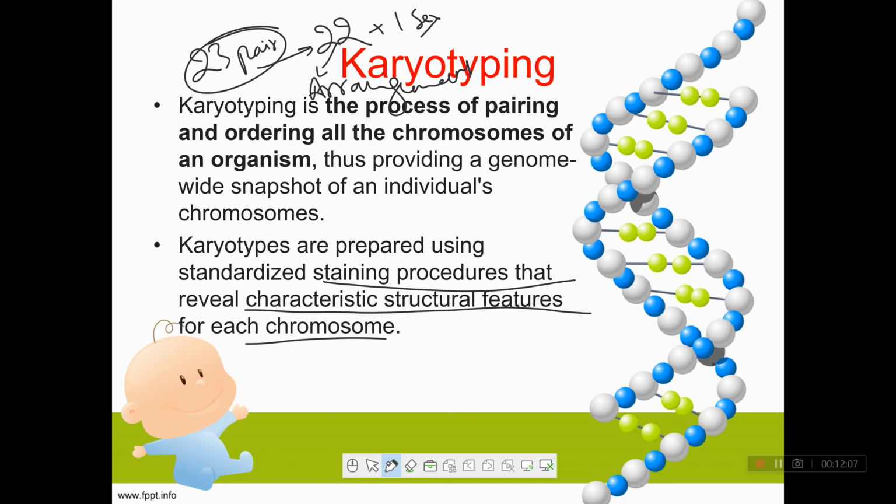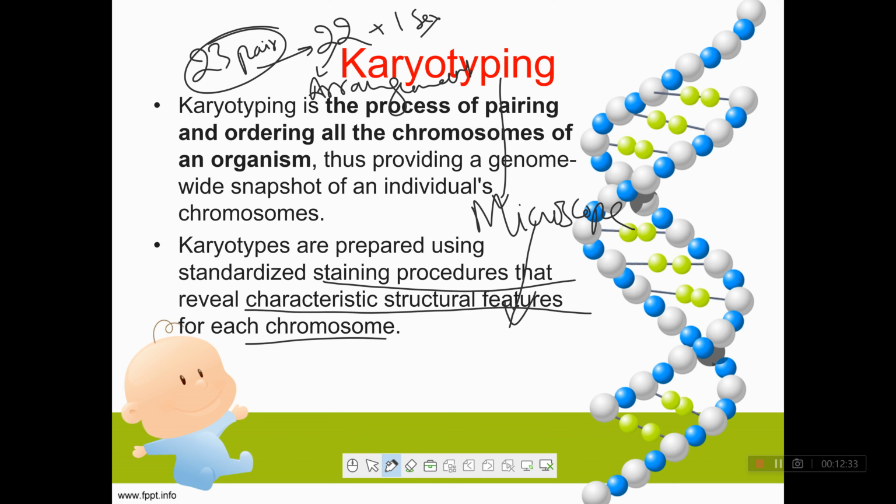Actually, in karyotyping, when we isolate the chromosomes from an organism, we can see the chromosomes under the microscope. When we see the chromosomes under the microscope, how do they look?